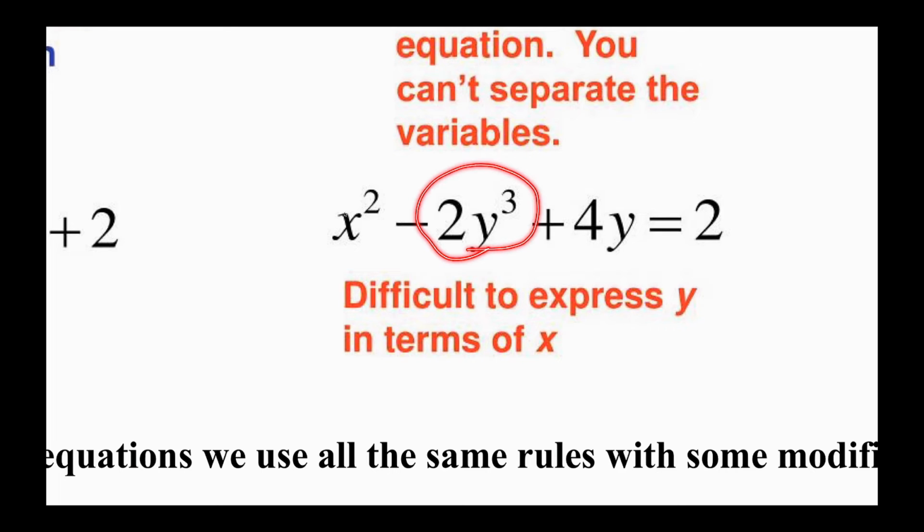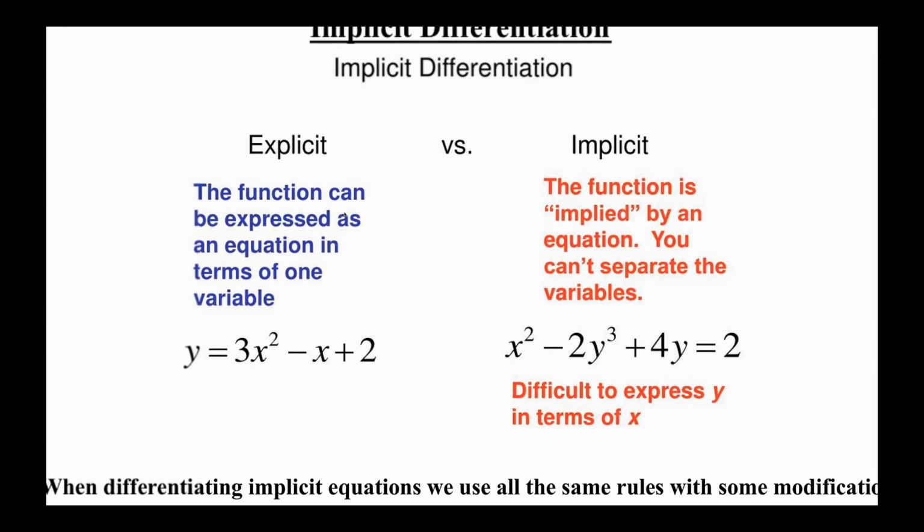And I can't combine this guy and this guy because they're not like terms, right? So it's difficult to express y in terms of x. Okay? So implicit is when x and y are just in each other's business.